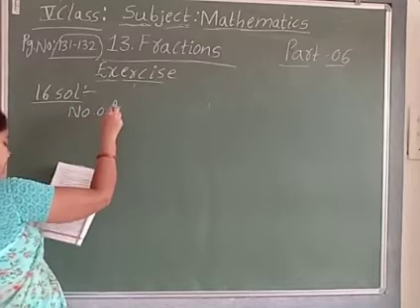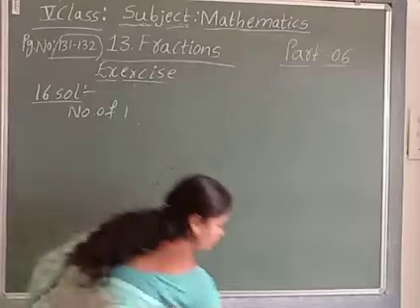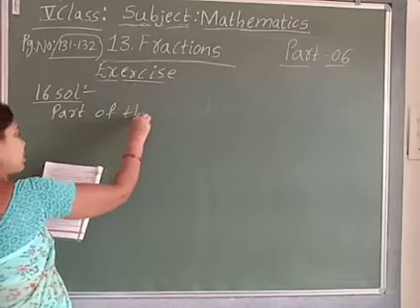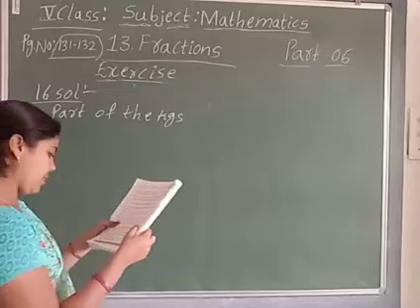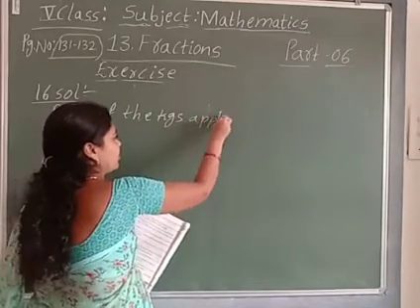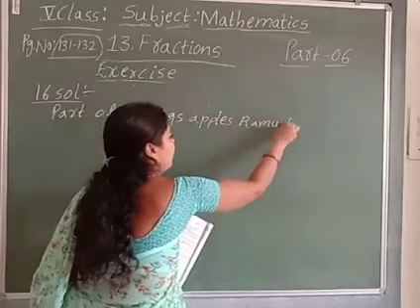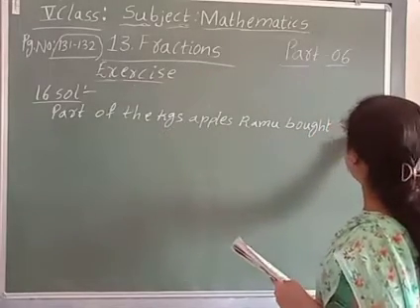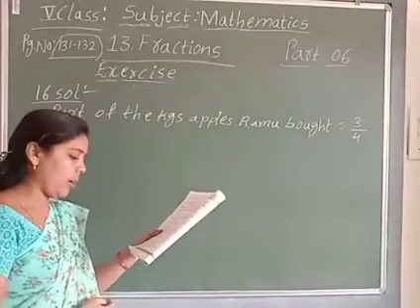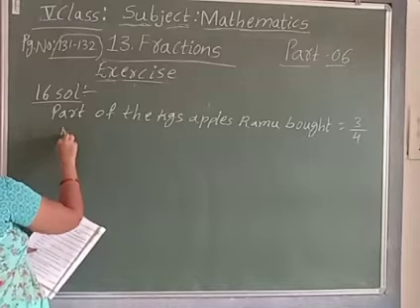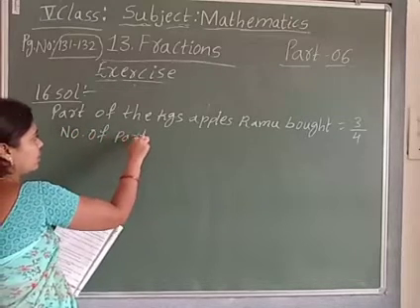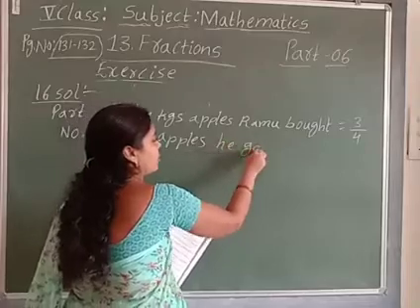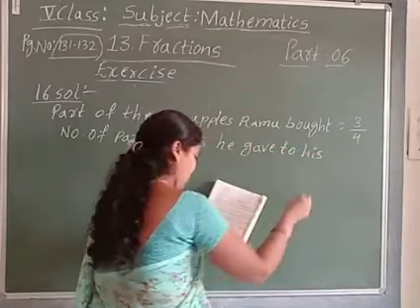The part of the kgs of apples Ramu bought: how much? 3 by 4 kgs only he bought. 1 by 4 of the apples he gave to his brother.